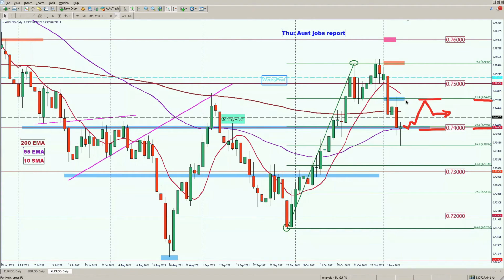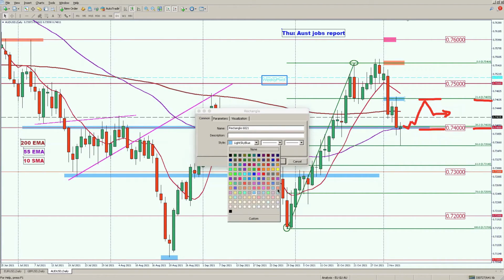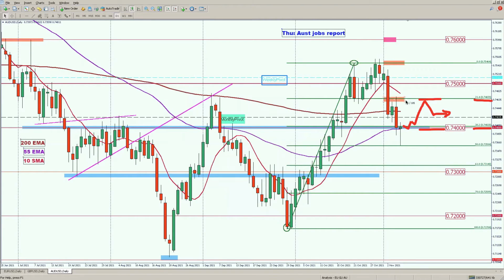And we should now change this to resistance. So move this one down to the 50 fib. If it does break down lower, there is a danger of price moving down to the 62 fib retracement at 73.14.